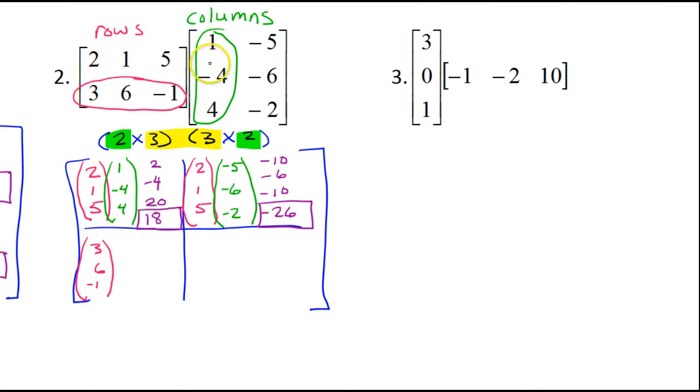And we need to multiply by the first column, 1, -4, 4. Okay, if I multiply these together, I will get 3, -24, and -4. Now I need to add all these up. -24 and -4 will be -28. -28 and a +3, that would be -25.